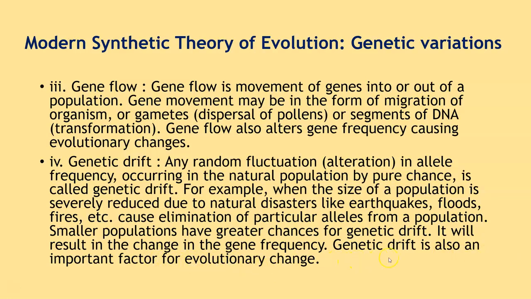Now, genetic drift can also occur when, suppose, in a population you just had a handful of individuals possessing particular genes, and if that particular population is affected, or say there was a single person having a different kind of gene, but due to sudden death that gene is lost before it got transferred to the next generation. So such phenomena are called genetic drift. So loss of genes results in alteration of the total gene pool.